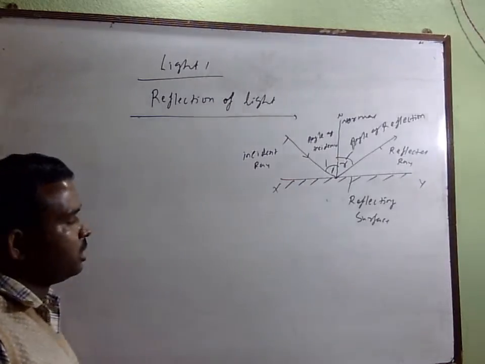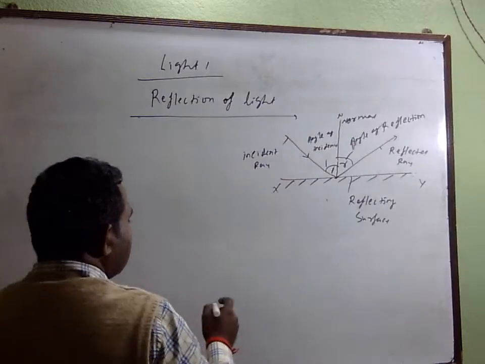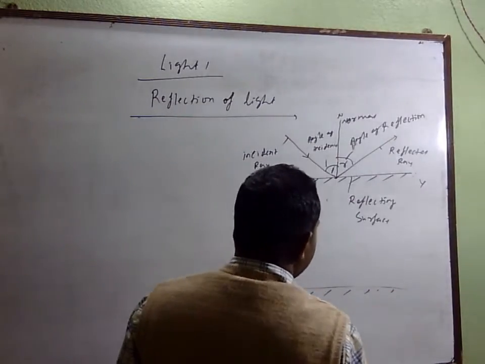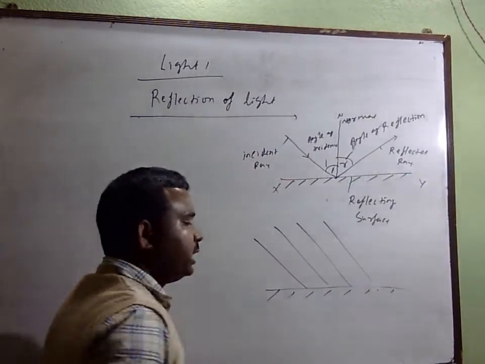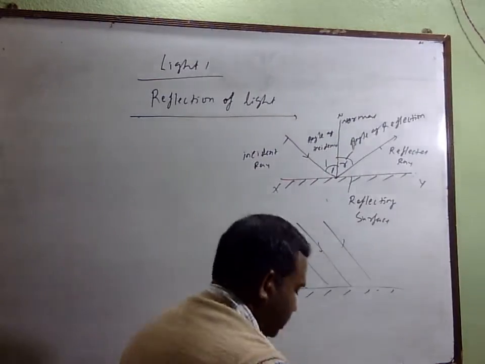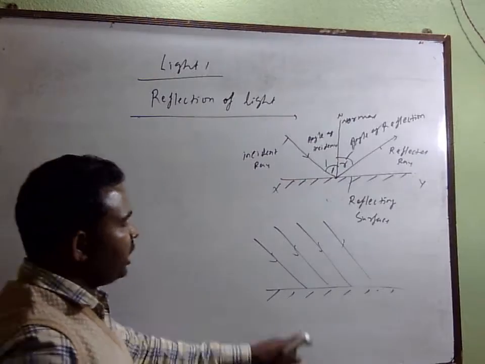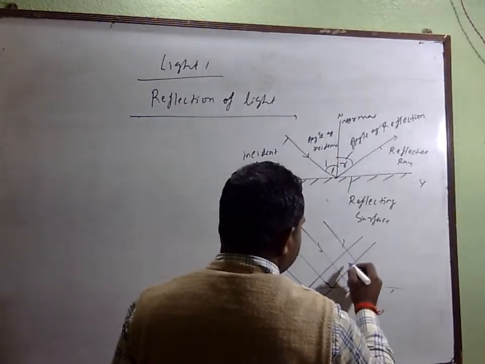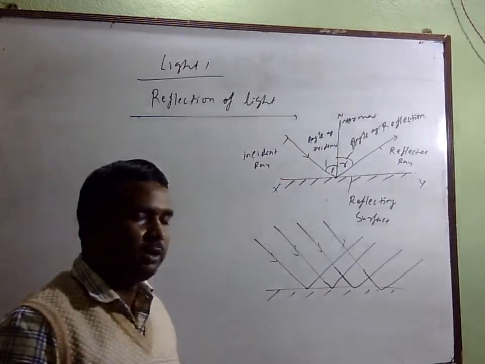Not only a single ray, many rays you can take. Suppose I have taken this reflecting portion, and many rays you can draw here, 1, 2, 3, 4. Whenever many rays fall on this reflecting surface, they will also bounce and obey the laws of reflection.